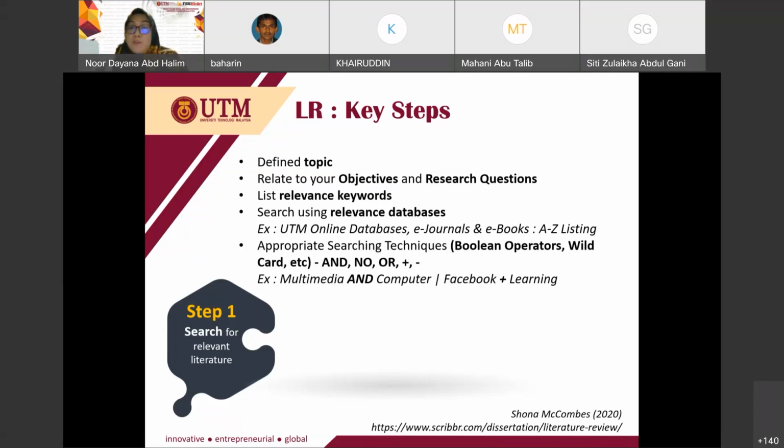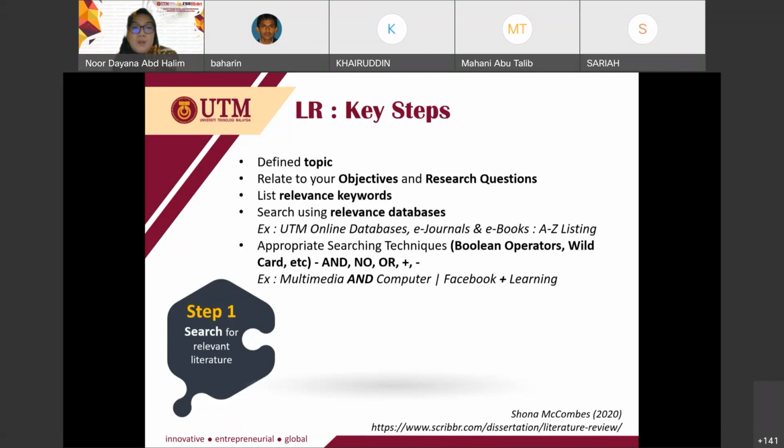For your information, UTM is one of the universities that subscribe to many online databases, including IEEE, Springer, Scopus, and many more. As a student you have the privilege, with your ID and password, to enter the Easy Proxy website, and then you can download all the articles for free.